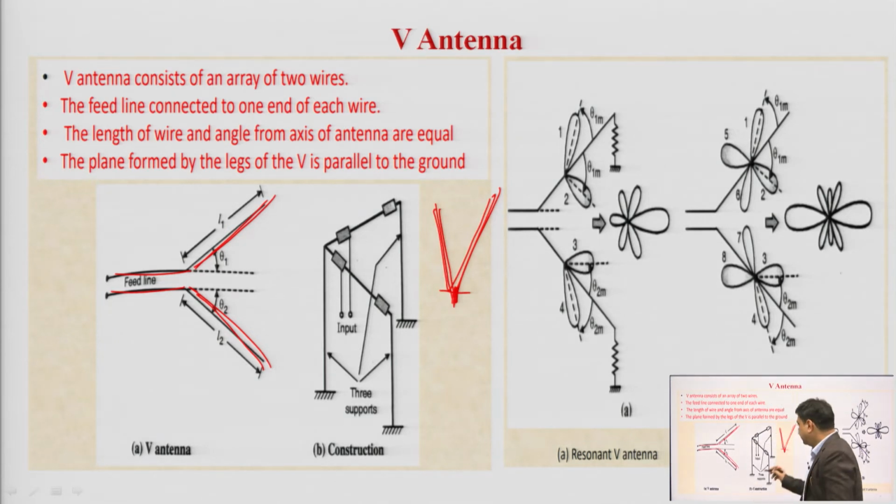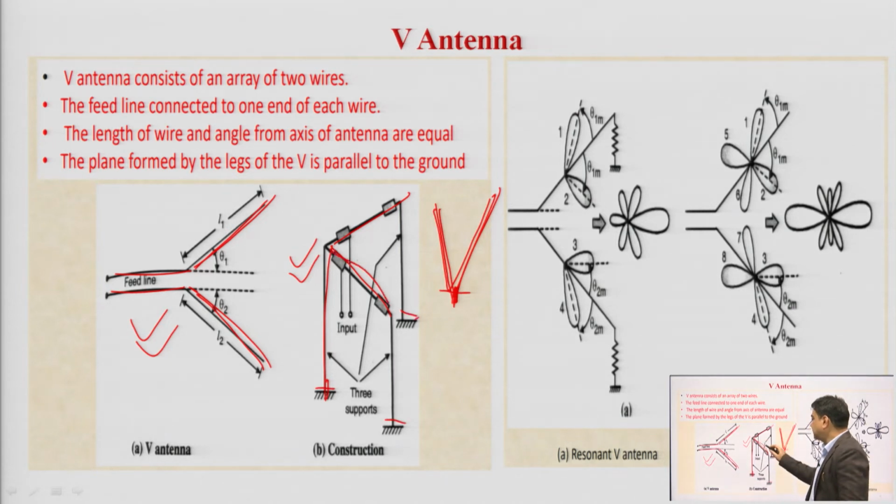So, simply, the construction of the V antenna is like this, and the installation of the V antenna with respect to ground and its legs is given in this picture. You can see here that this is the V antenna and it is grounded at this particular point. These are the two wires.